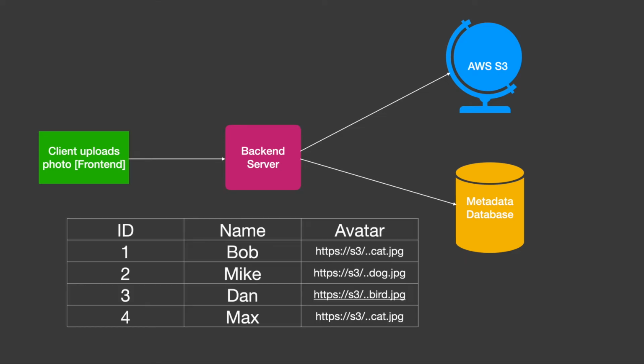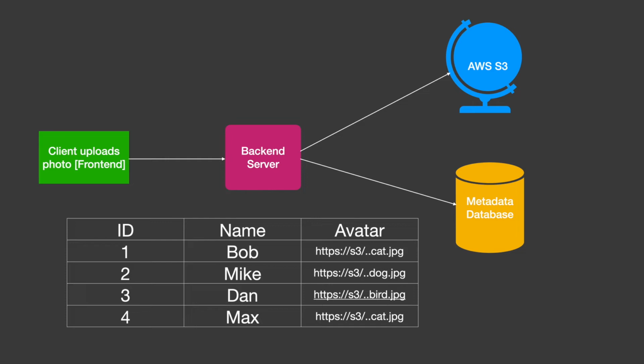So if you take a look at an example over here, it's very similar to the previous approach, but here in our avatar column, the URL we have is an S3 URL. The way the S3 URL works is you can access it from any machine. In the previous approach, the URL was specific to your local machine.